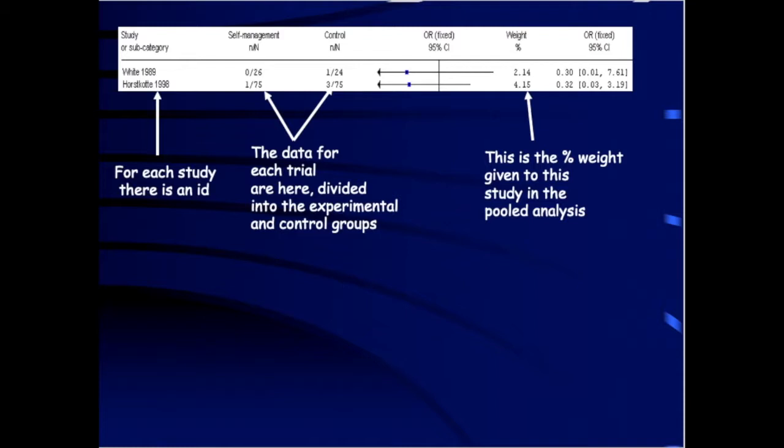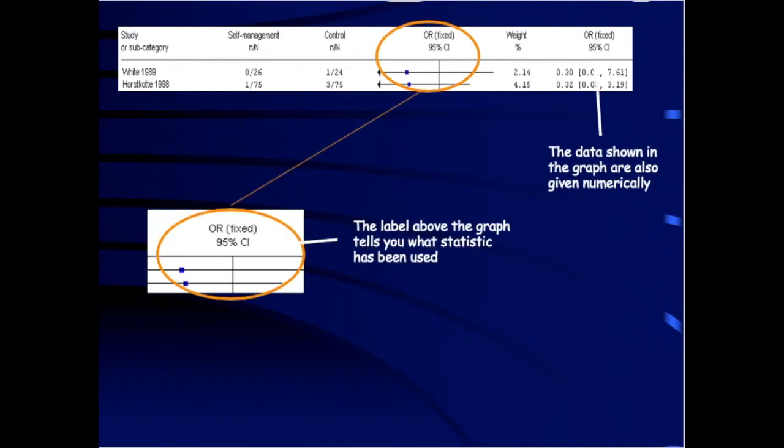Of course, this would be an unadjusted value because you're not able to adjust for all the confounders. The label above the graph tells you the statistics being used. So again, this is using a fixed method.